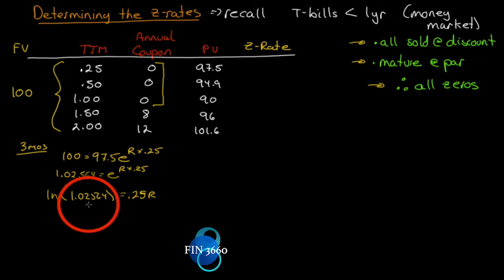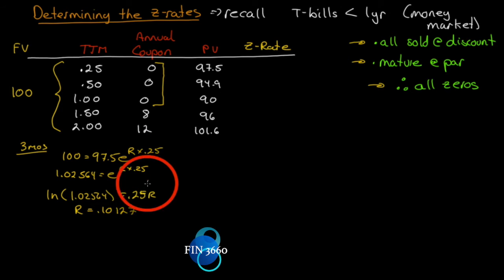And at this point, all I have to do is solve for R. Just find the natural log of this divided by 0.25, which is the same as multiplying it by 4, and I'll find that R equals 0.10127.